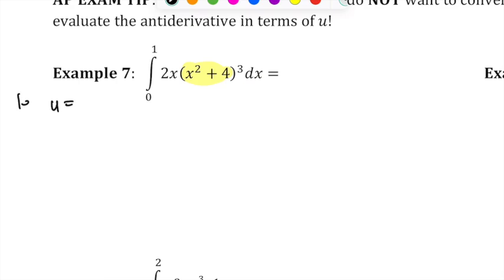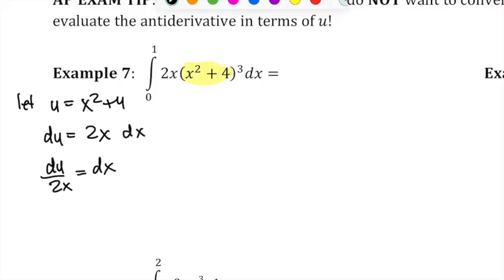So we're going to let u equal x squared plus 4. Take its derivative. The derivative of x squared plus 4 is 2x dx. And then if we solve for dx, we get du over 2x. So substitute dx and u into our integral.